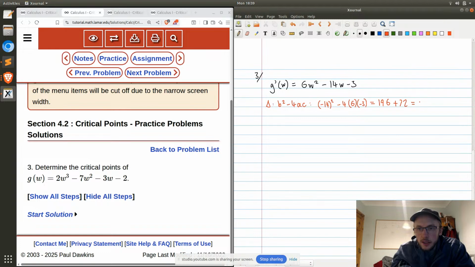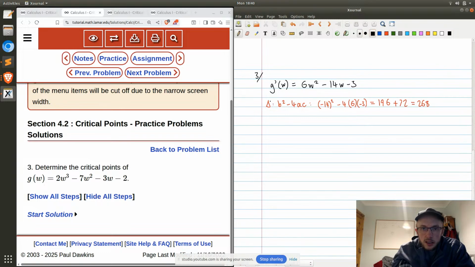Adding these together, we get 268. So that actually can't be factored, I believe. 24 times 3 is 72. 14 squared is 196. Add them together, we get 268. So yes, I believe it cannot be factored. So 268 is 134 times 2, 67 times 4.